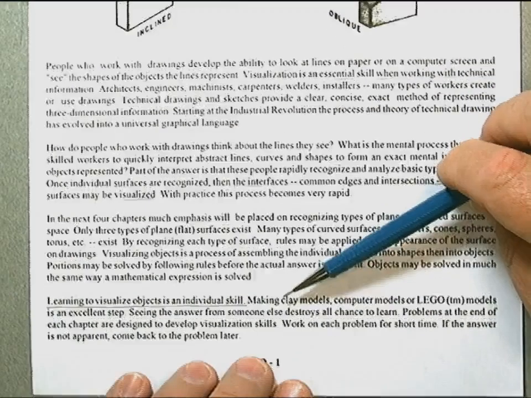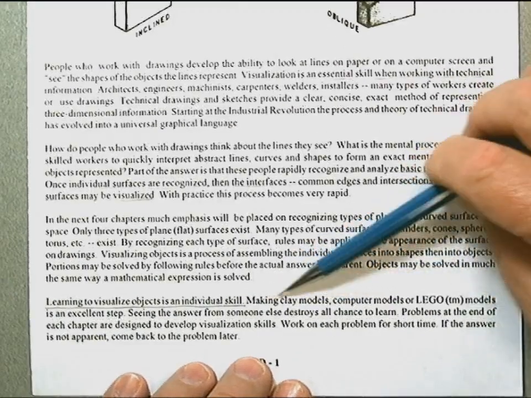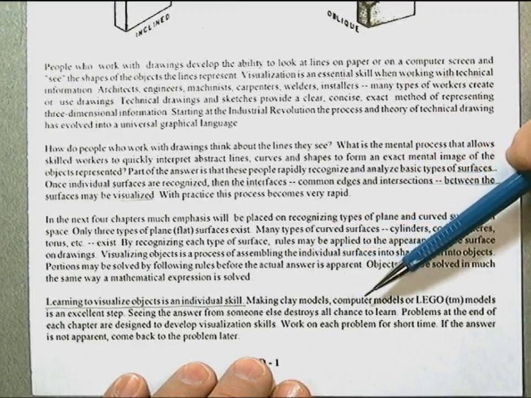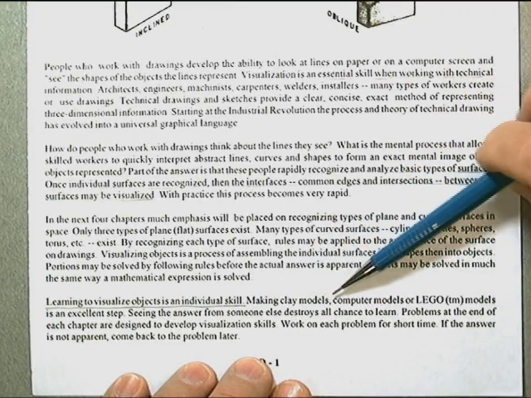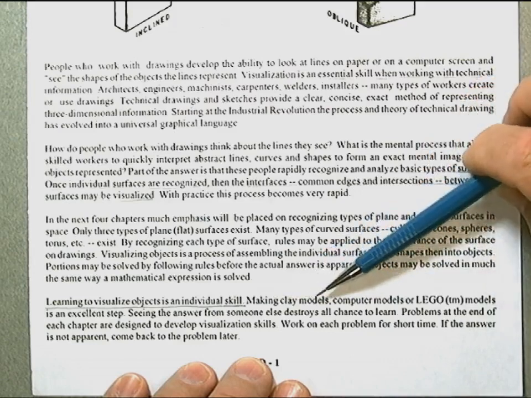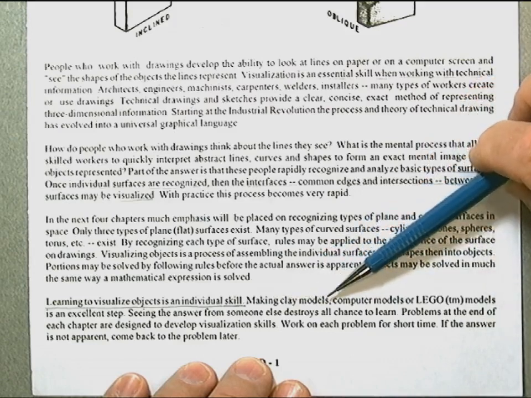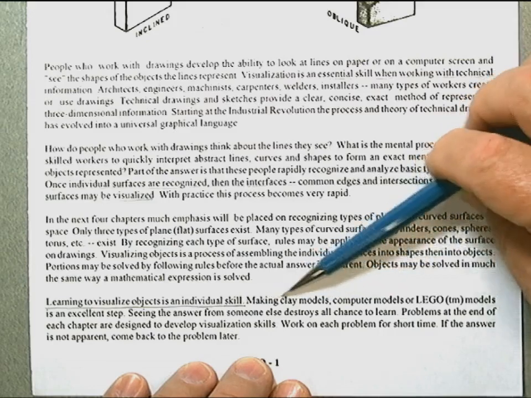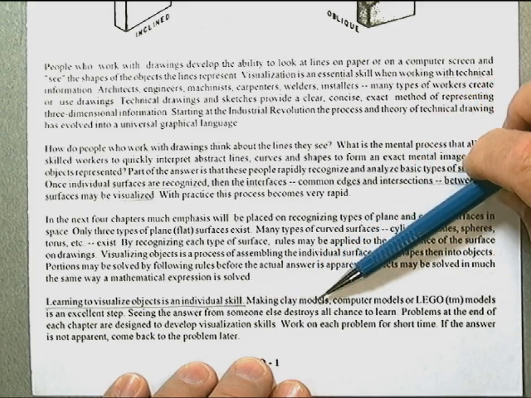Now, it may help if you go and purchase some clay and actually shape objects based on the two-dimensional drawing. So we'll work from looking at a two-dimensional drawing and developing a model of it on paper, but we can also make it using clay.